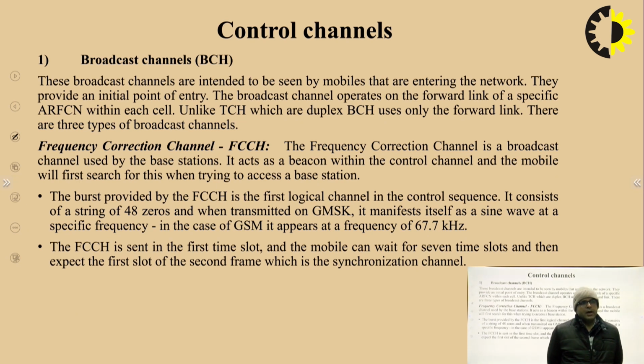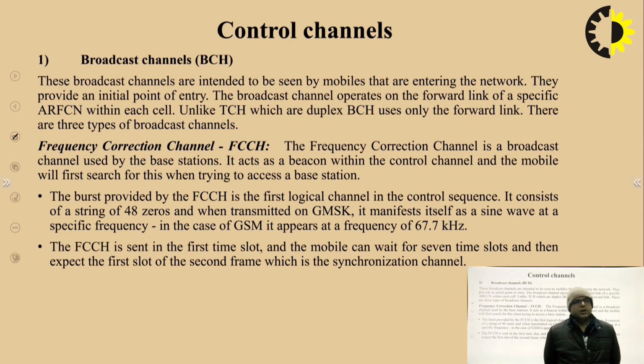They provide an initial point of entry. The broadcast channel operates on the forward link of a specific ARFCN within each cell. Unlike TCH, which are duplex, BCH uses only the forward link.